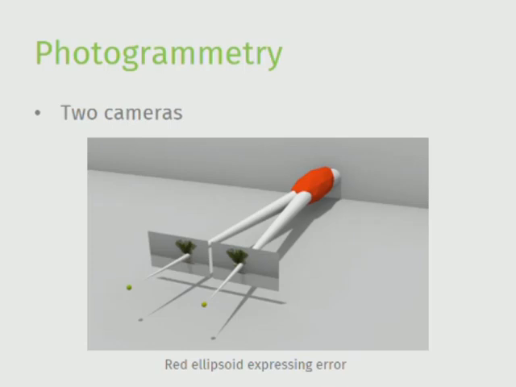Pix4D leverages this concept, but with a lot more cameras. So if you have two cameras, imagine that these are your eyeballs, you're looking at a tree. The red arrow ellipsoid here represents the general vicinity where that tree physically is located in space relative to yourself.